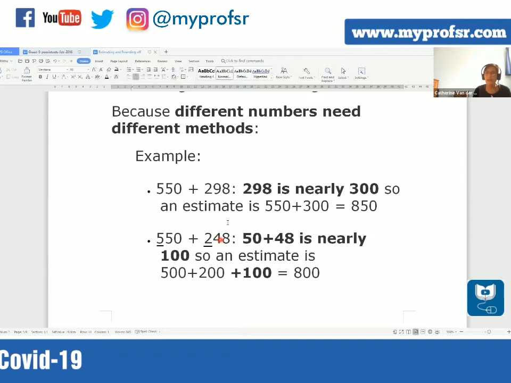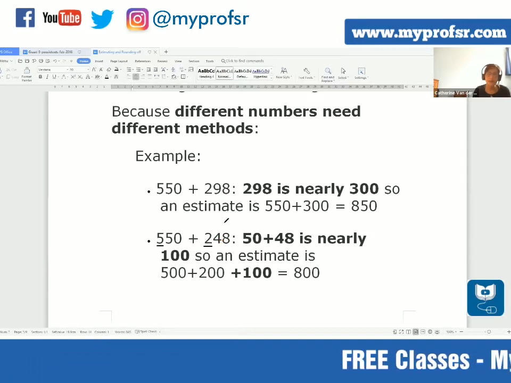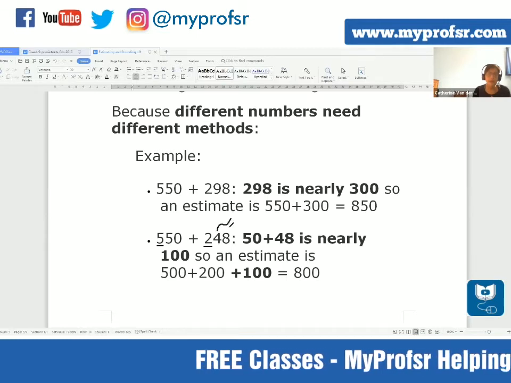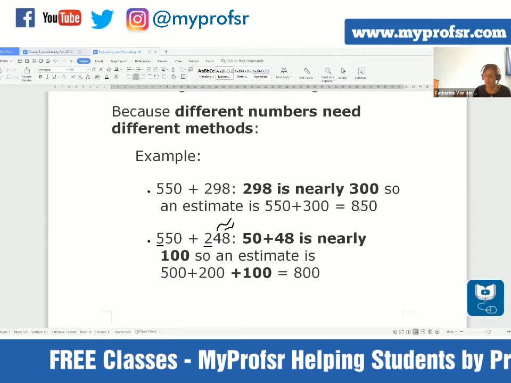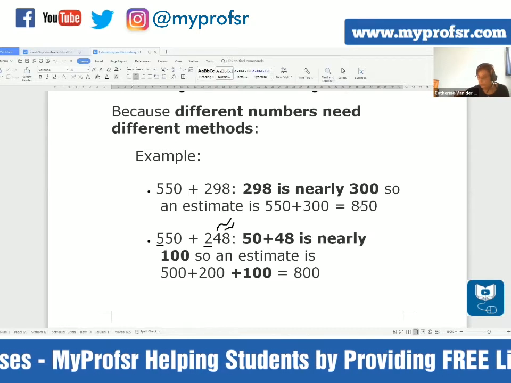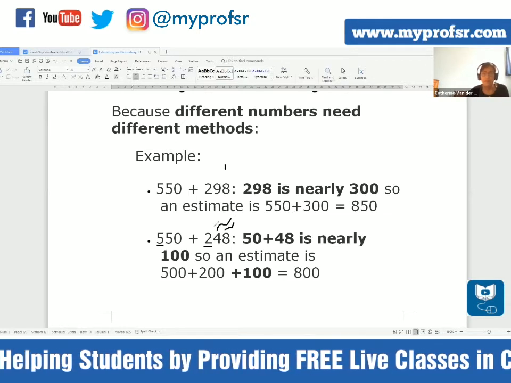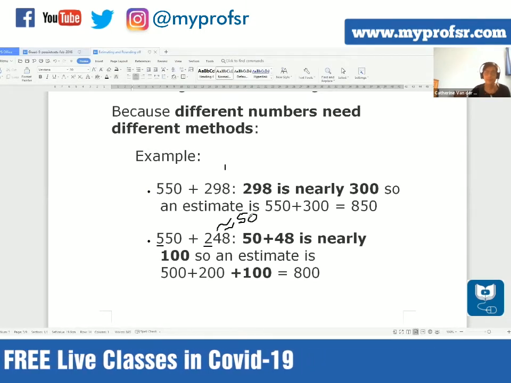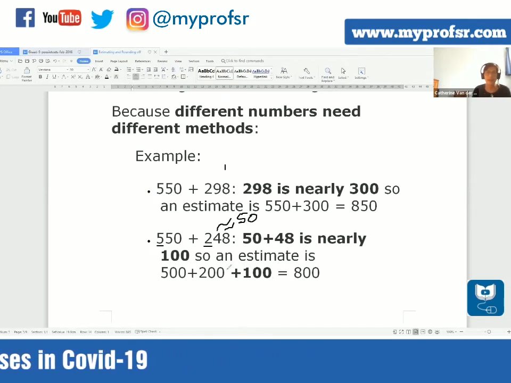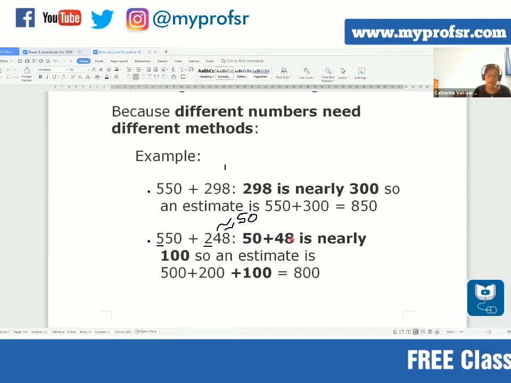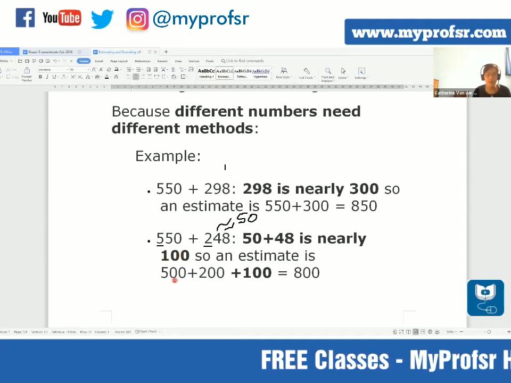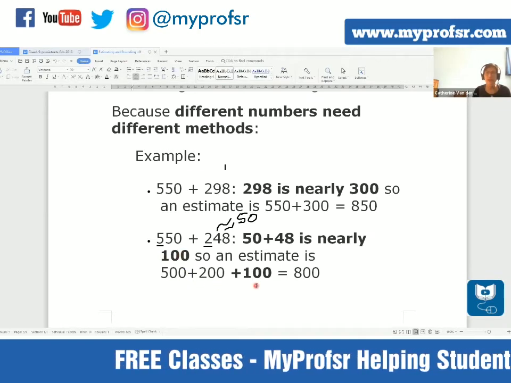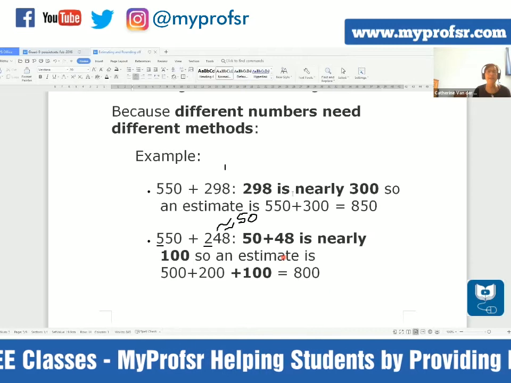So we can say that that is approximately 50. And then, of course, we have to add the 50 plus 50, which is 100. 500 plus 200 plus 100 is 800.